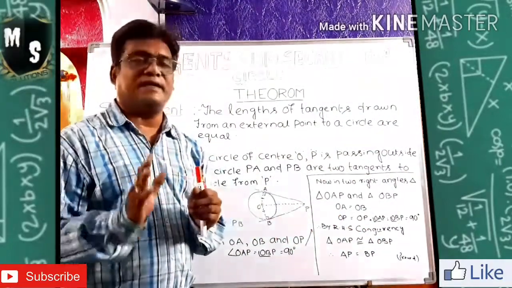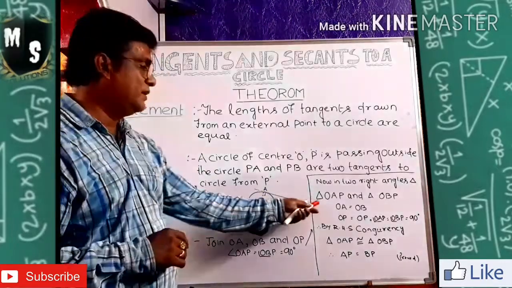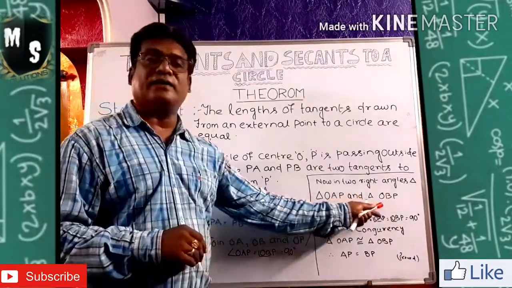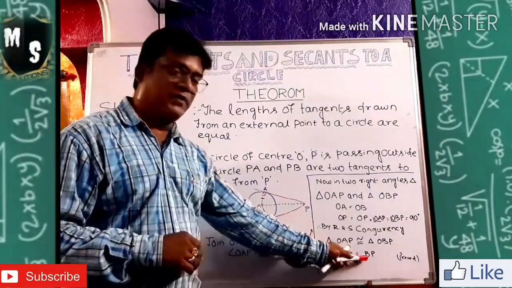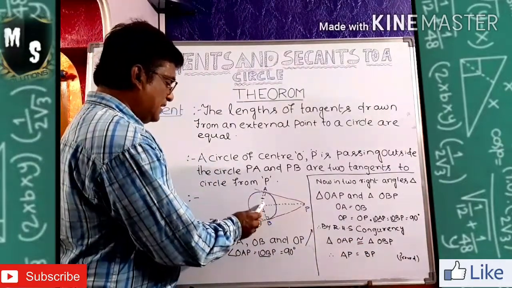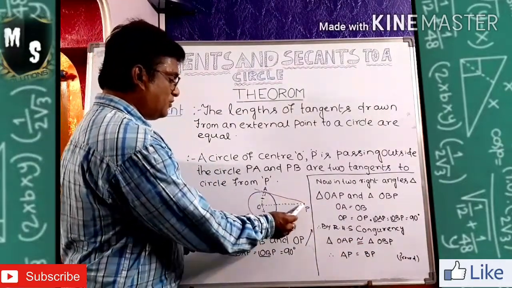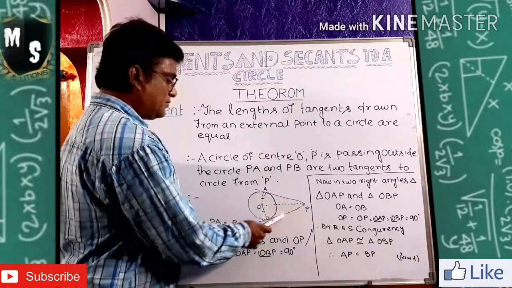That means right angle, hypotenuse and side are the same in triangle OAP and in triangle OBP. So now AP is equal to BP. What is pending now? This side is equal to this side. This is the common side for both of the triangles. Then what is remaining? AP is equal to BP.